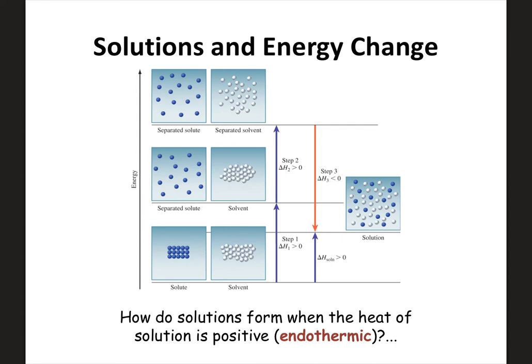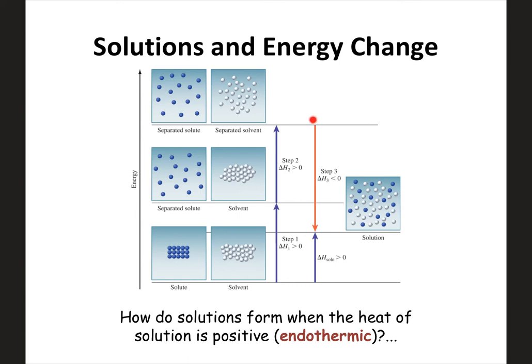That's the expanding the solvent part. That takes energy as well. So right now, it took us this much energy just to separate the IMFs in the solute and the solvent. And then when they interact and form attractive forces for the solution, energy is always given back. So this is how much energy we got back when they interact and form new attractions here.